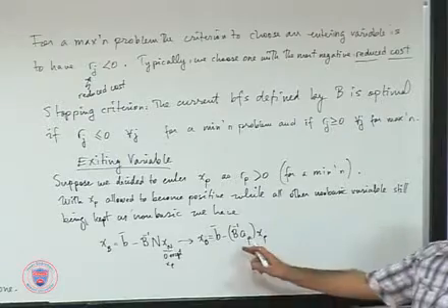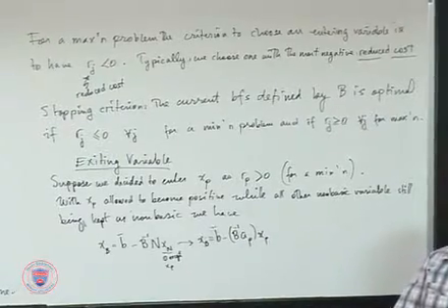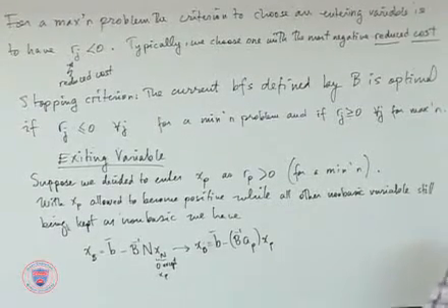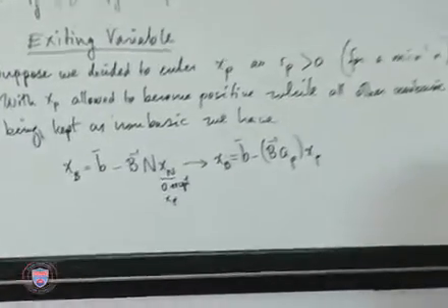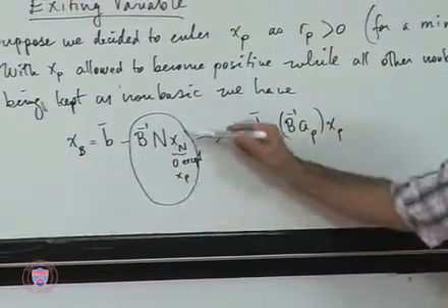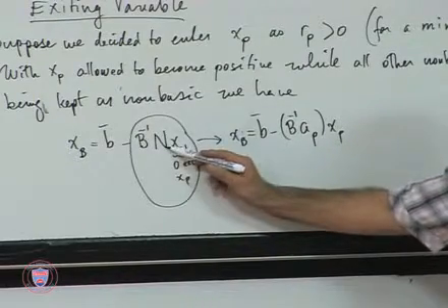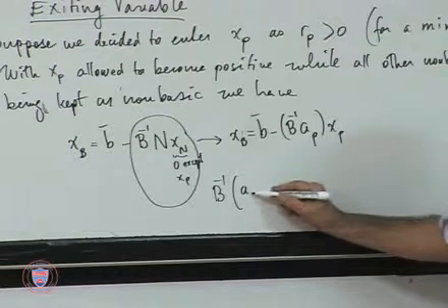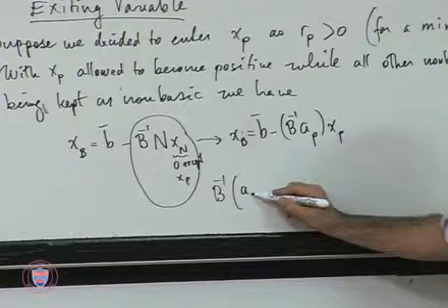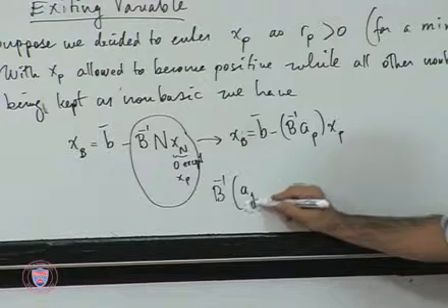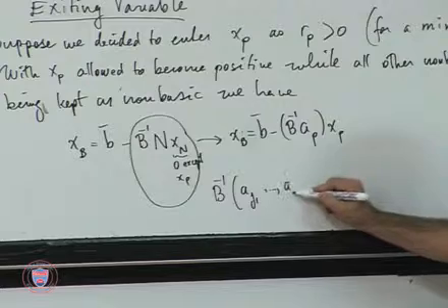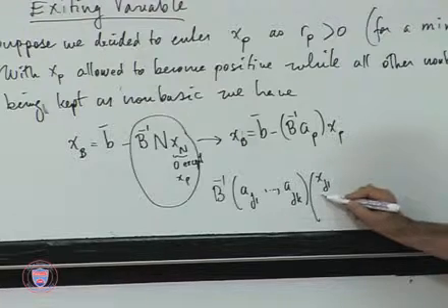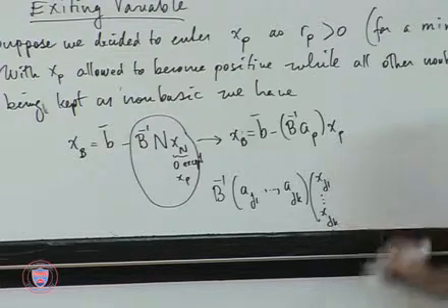If you did not follow what's going on here, ask me now. Some of you looked puzzled. There's nothing mysterious here. B inverse N xN is the same thing as B inverse times the non-basic columns, let's call them aj1 up to ajk, times xj1 up to xjk, where k equals n minus m.